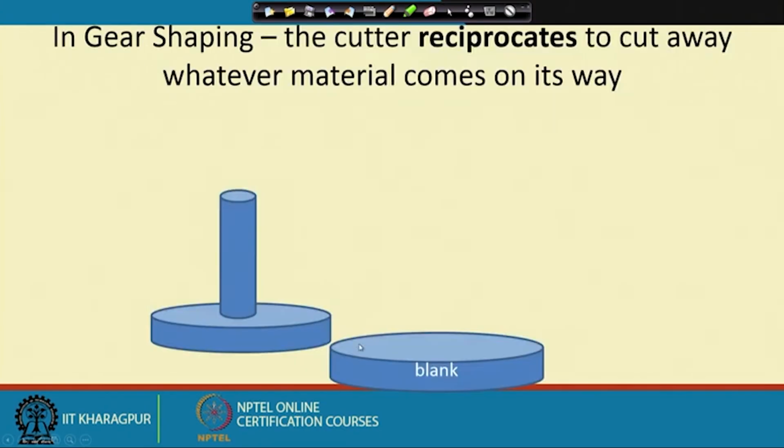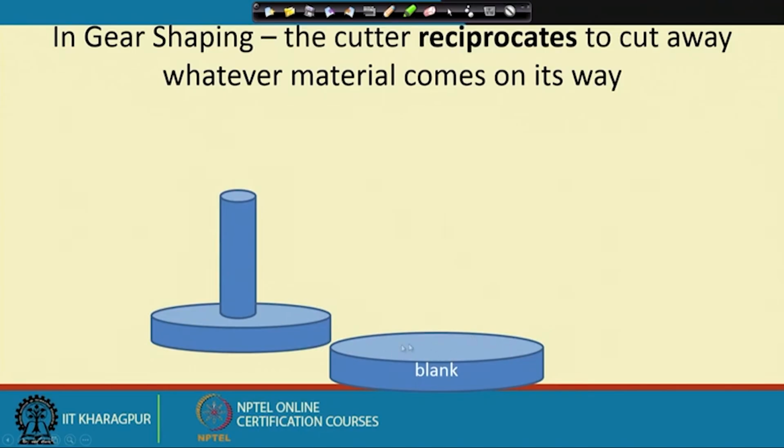So, now we come to the idea of gear shaping. Gear shaping can be explained in just one sentence. While two gears are rotating together, if one of them is a solid and the other is made to reciprocate, this one will remove all the material it meets on its way, and what will result is the actual gear.